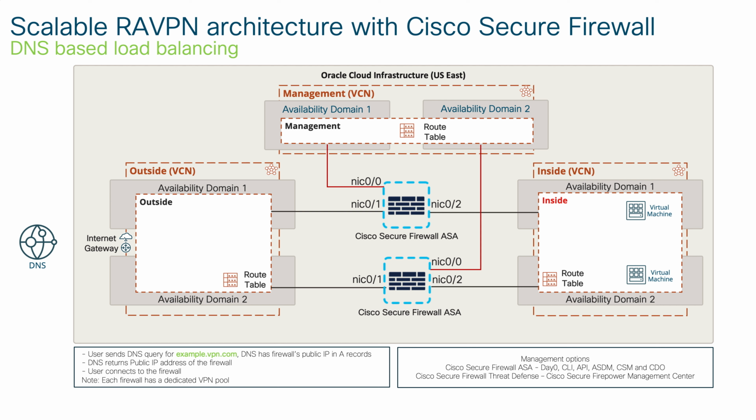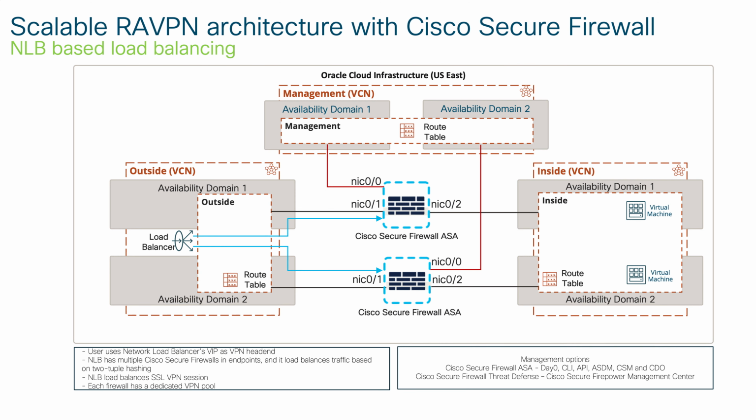But if you plan to deploy next generation firewall or Firepower Threat Defense, you can manage it using Cisco Secure Firepower Management Center. This is one way of doing load balancing across multiple availability domains with multiple firewalls.